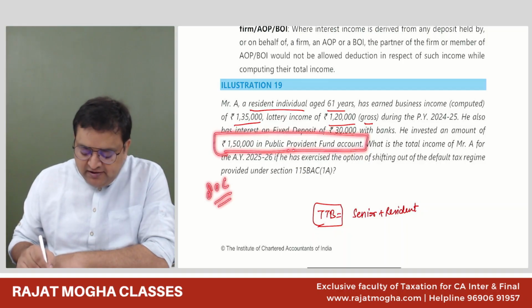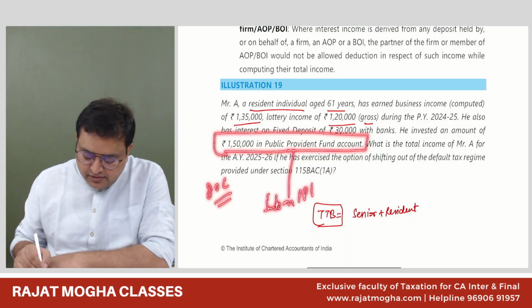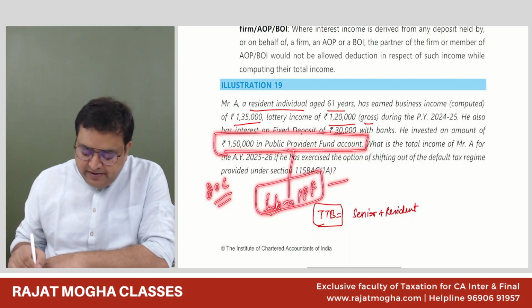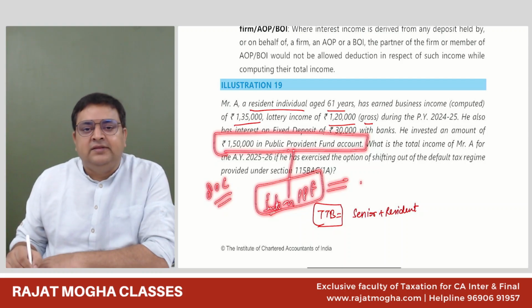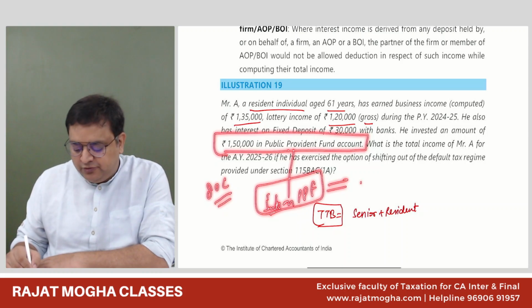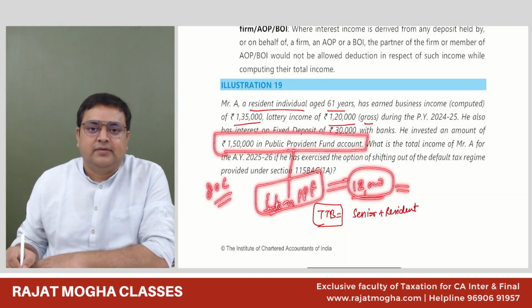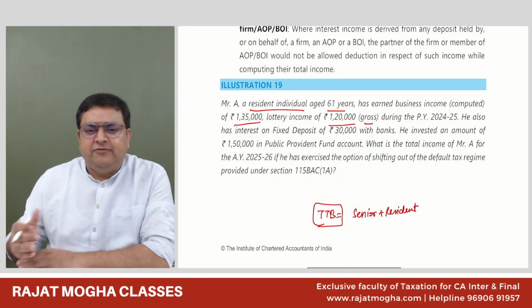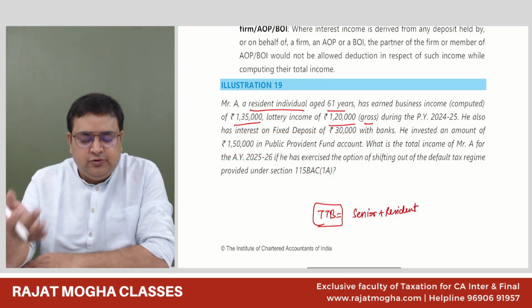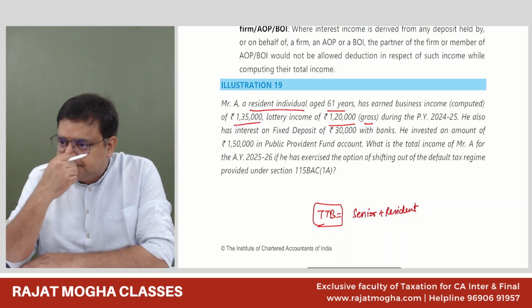Tell me, if there would have been interest on PPF, which type of income is it? Let's say, in this question, he is getting interest on PPF of 12,000 rupees. PPF interest is income from other sources, but it is exempt.